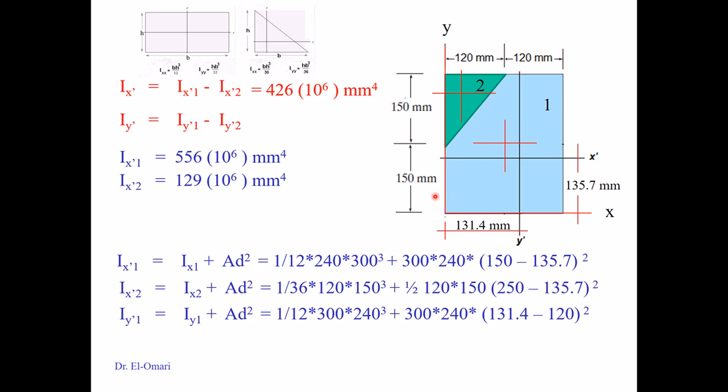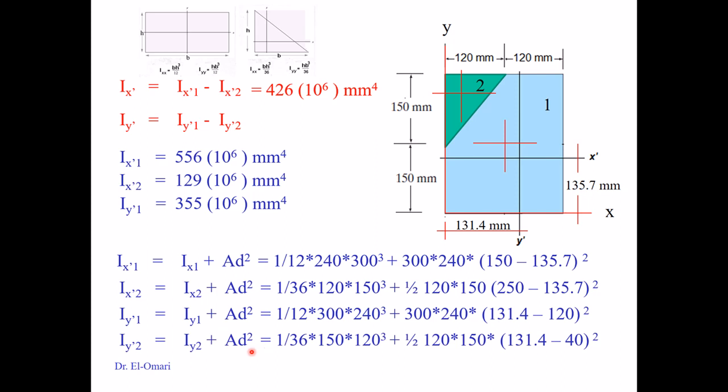To do that, I can also use the reference axis. So we have the 131 that we found, subtract from that the 120, and then we square that.